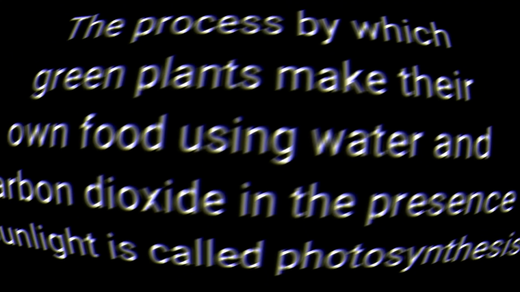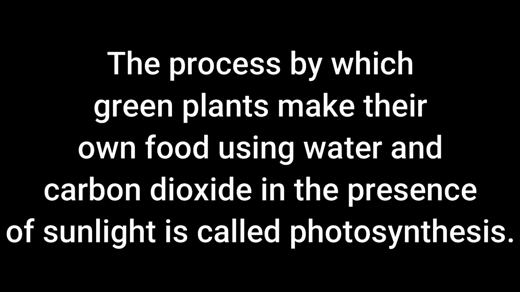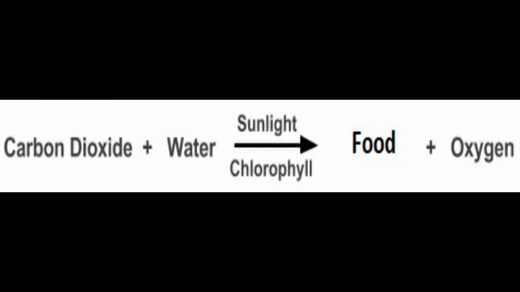Understood, children? The process by which green plants make their own food using water and carbon dioxide in the presence of sunlight is called photosynthesis. Carbon dioxide plus water in the presence of sunlight and chlorophyll gives food and oxygen.